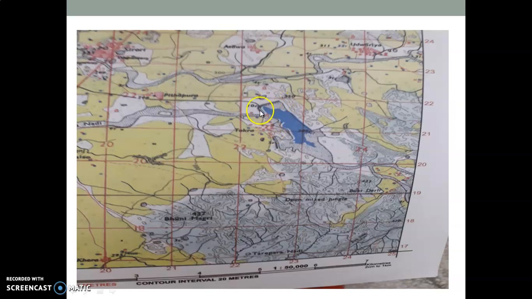Here the outside boundary is the embankment, which means this is the reservoir and this is the boundary of the reservoir. This is called embankment. So what does 10R represent here? 10R stands for the relative height of the boundary of the reservoir, which is 10 meters. So this is the relative height of the embankment of the reservoir.